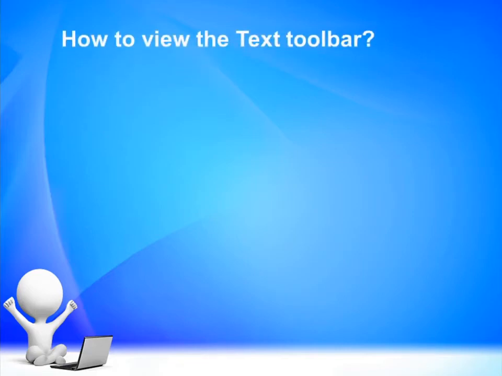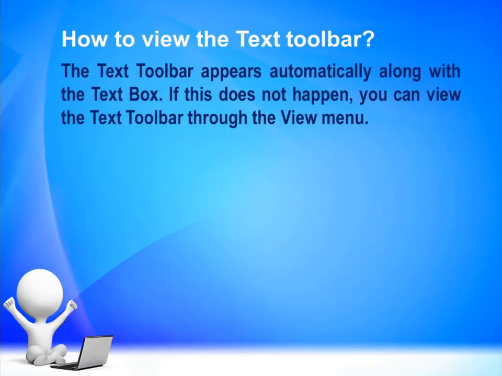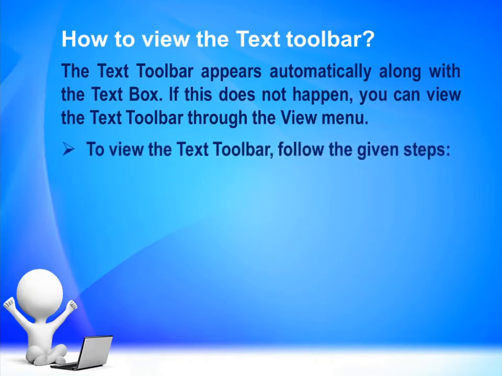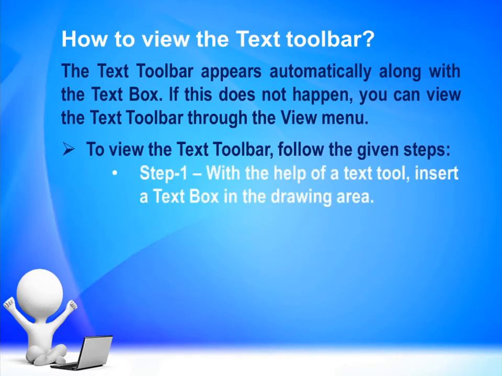Next, how to view the text toolbar. The text toolbar appears automatically along with the text box. If this does not happen, you can view the text toolbar through the view menu. To view the text toolbar, follow the given steps. Step 1.